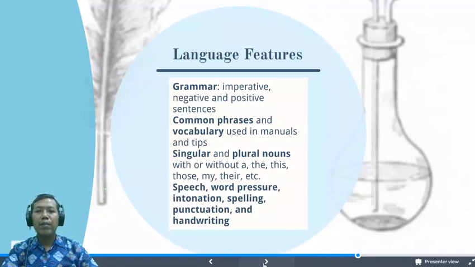And the vocabulary used in manuals and tips sometimes is only used in procedure text. You have to know about singular and plural nouns, speech, word stress, intonation, spelling, punctuation, and handwriting. Sometimes you have to write something.